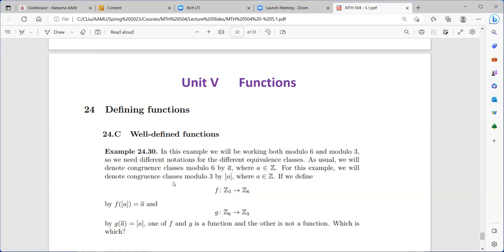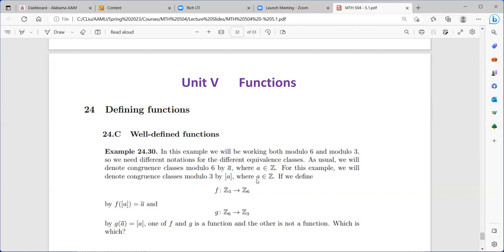And we will denote the congruence class modulus 3 by bracket a. Again, a is an integer. So this is the typical notation we use. We have 3 classes here: bracket 0, bracket 1, bracket 2, corresponding to the remainders of division of a by 3.